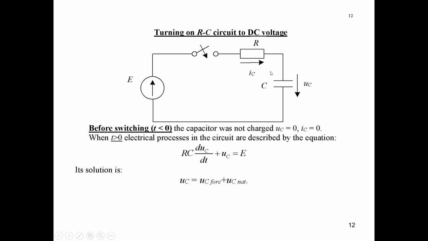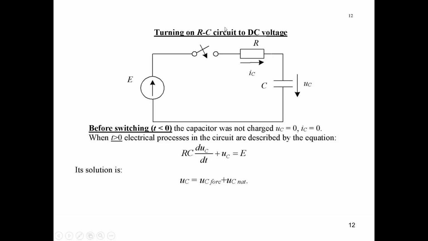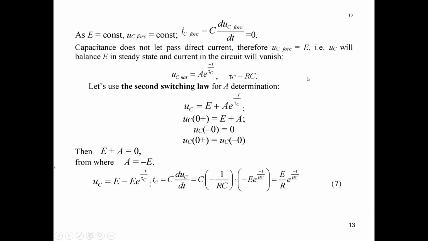You should remember that DC current in steady state regime does not flow through capacitance. It's something like a brake. It may even be seen from this drawing, from this graph, from this schematic.